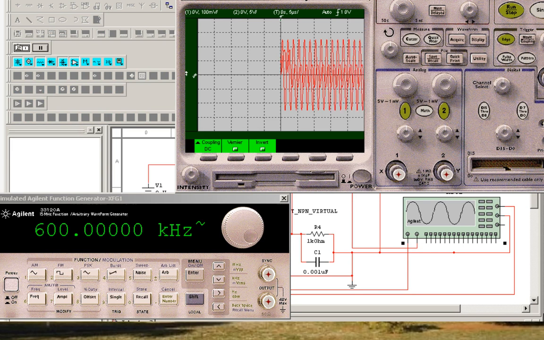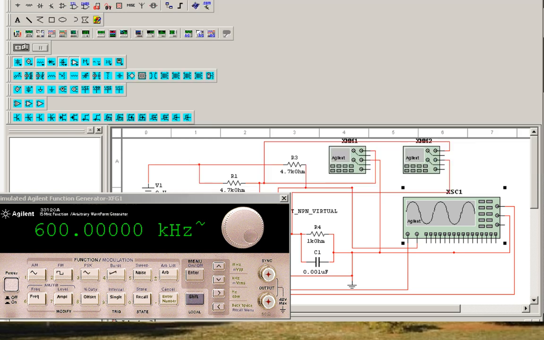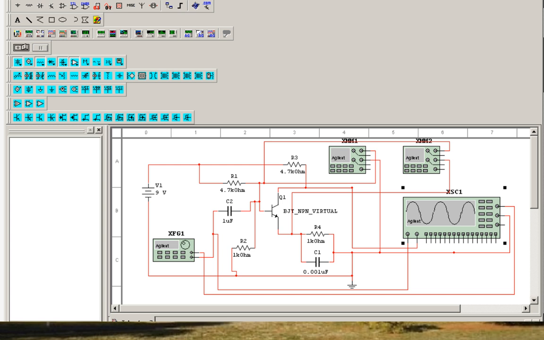Damn it, what's wrong with this circuit? I don't know what the hell is wrong. I don't know what's going on here.